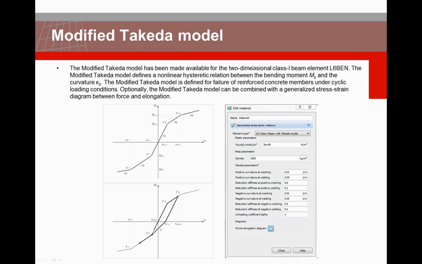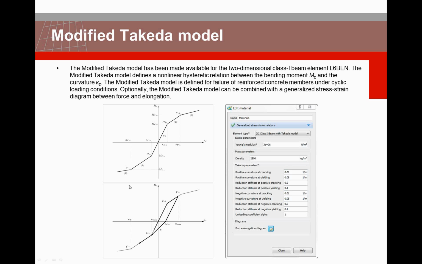The modified Takeda model is a model that can be used in combination with beam elements. For example, the two-dimensional class-1 beam elements, which is a direct integrated beam element. But here we have a nonlinear relation for the bending moment curvature, which is defined by a number of bending points. For example, the first bending point for the initiation of the cracking of concrete, when the bending stiffness is reduced with a certain factor, and a second bending point which is characterized by the onset of yielding of reinforcement.